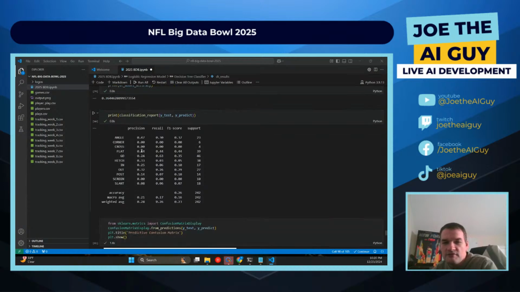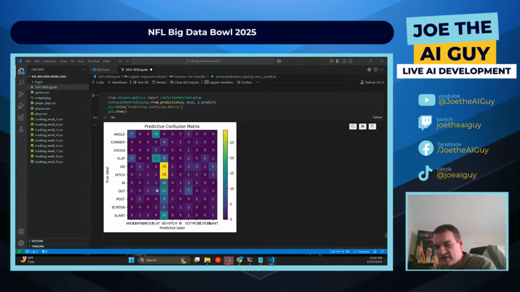In terms of the overall data set here, there are very few corner and cross routes, so very little for it to actually go through and predict. A lot of times, this confusion matrix, I think, highlights it the best. It was basically saying that most of the time, I'm just going to predict that it's going to be a go route. I won't always be right, but I'll hit a fair amount of times once I actually get to the go, because it's the largest part of our data set.